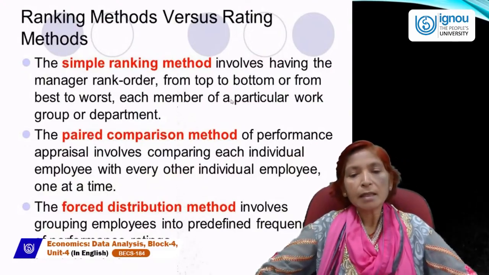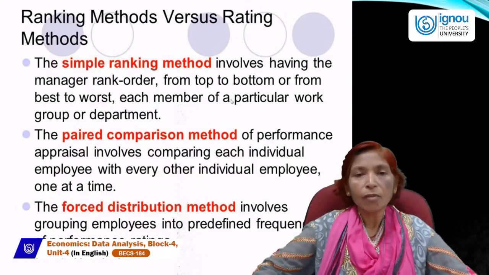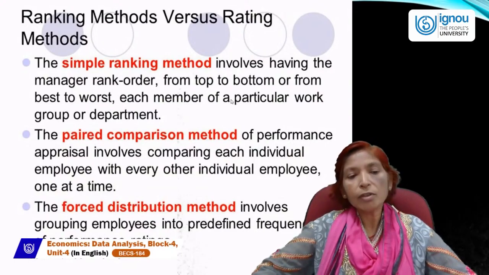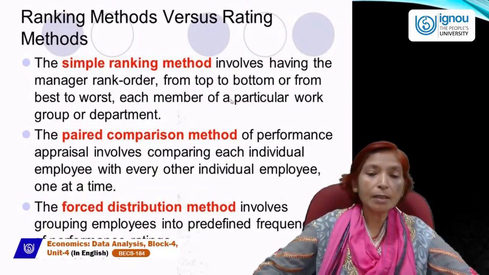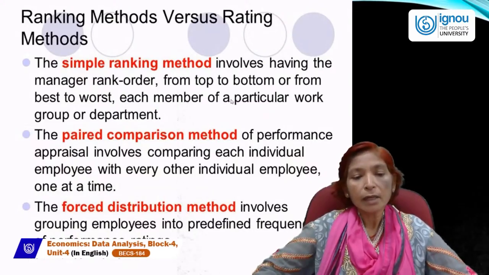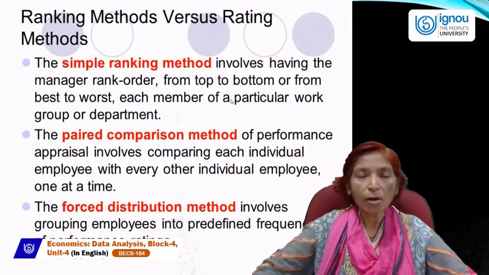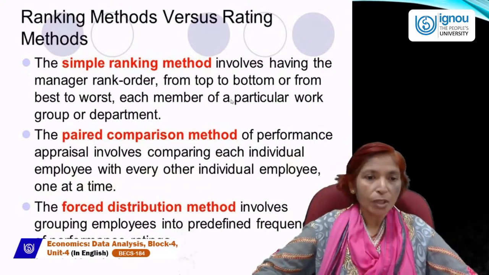The paired comparison method of performance appraisal involves comparing each individual employee with every other individual employee at a time. And the forced distribution method involves grouping employees into predefined frequencies of performance rating.